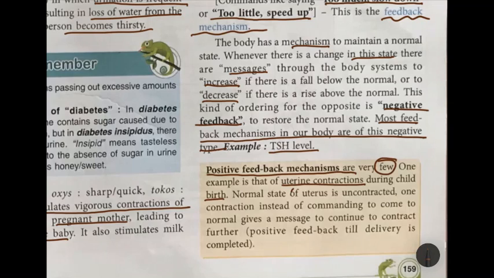What is the normal state of our uterus? It is uncontracted. The muscle should not contract. So instead of commanding to come back to normal, the body gives a message to continue to contract further. So this is positive feedback, until of course the child is delivered.